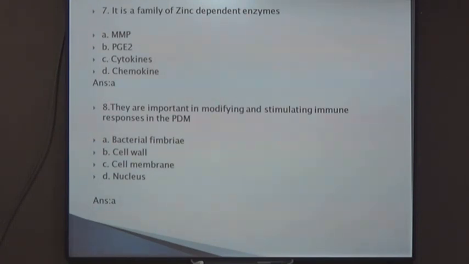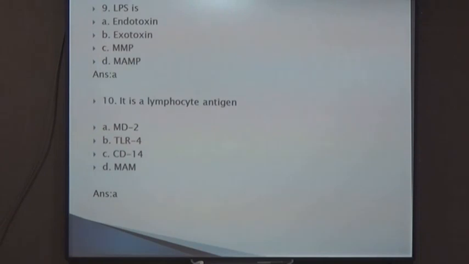Because usually cell wall, cell membrane, these will all produce the toxins. Okay. LPS is an endotoxin mainly released by P. gingivalis. Okay. It is a lymphocyte antigen, MD2. That is what they usually ask. Lymphocyte antigen. It is a lymphocyte antigen, MD2.